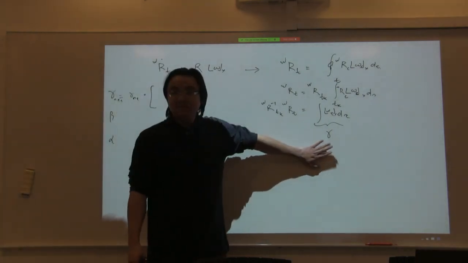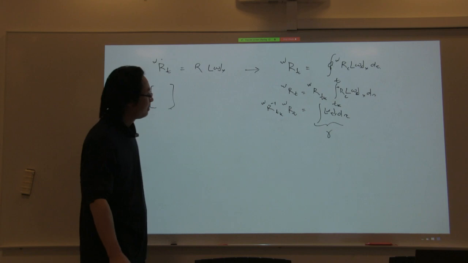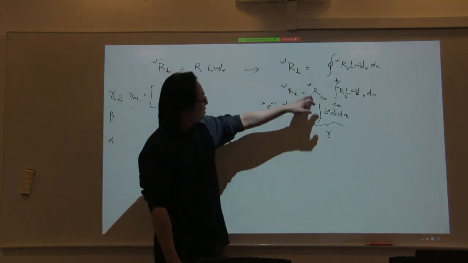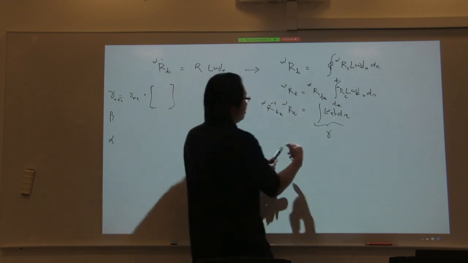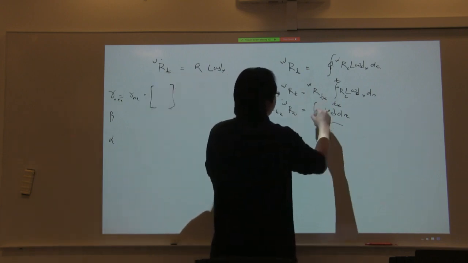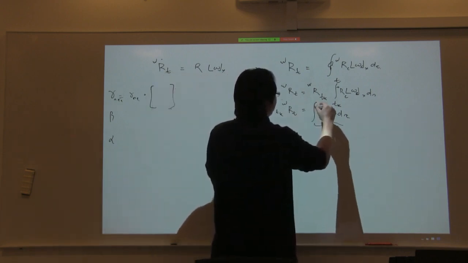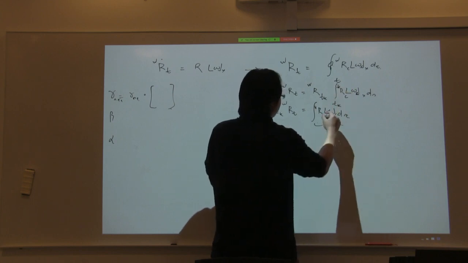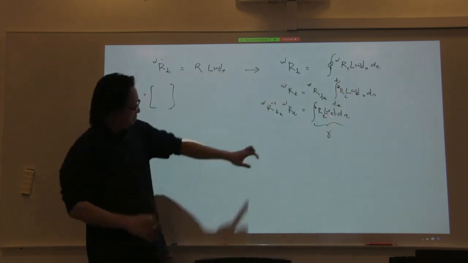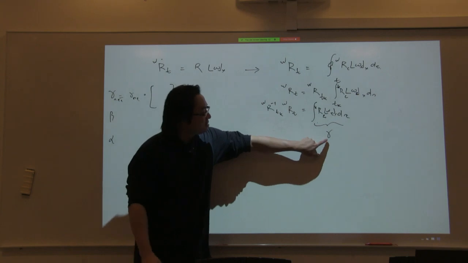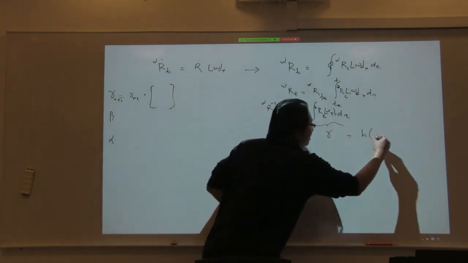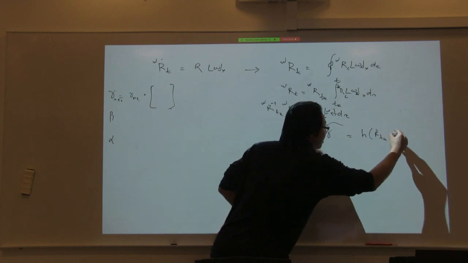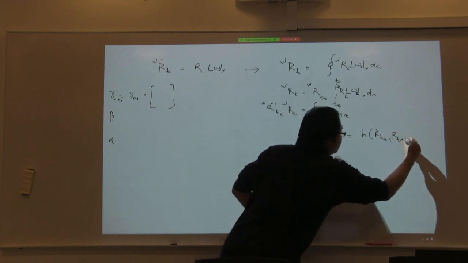Inside the integral, there's a tau down to T, K, so it becomes T. What I'm trying to show you is that this gamma is a function of R tk and R tk plus 1.